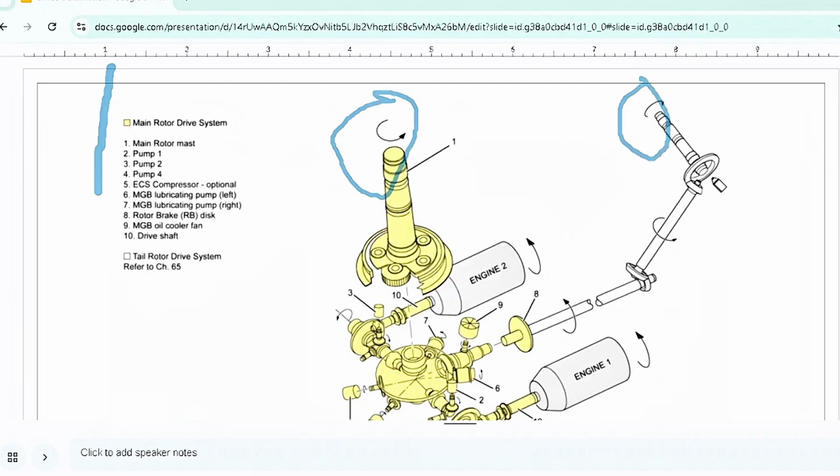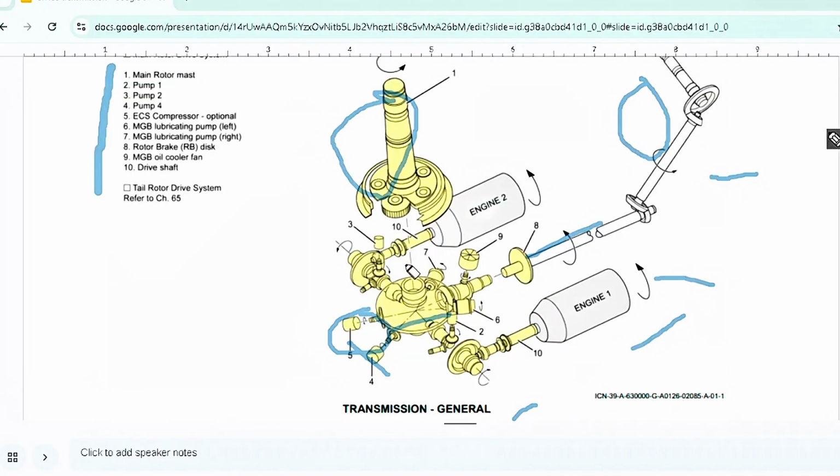This is the point where the TGB, the tail gearbox, exists. Here is the IGB. Two engines are installed on this helicopter. These are the output shafts of both engines, and here is the input module from where the power from the engine goes into the transmission system, and this is the MGB, known as the main gearbox.